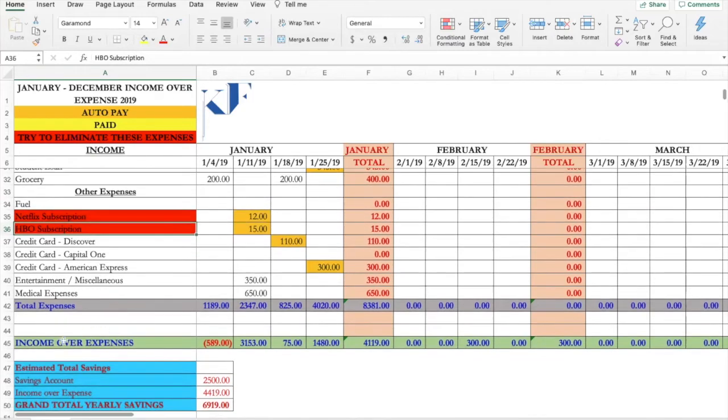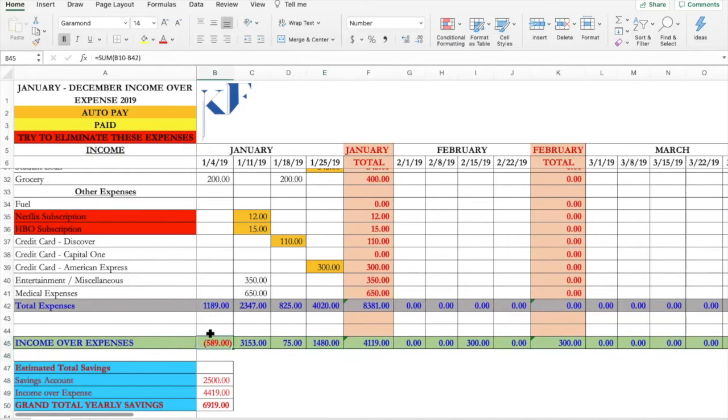So now in row 45, we have your income over expenses. Now, I did this purposely because I wanted you to get the idea of how to work around your budget. Now, if you're getting paid on a weekly basis and you have certain expenses that are coming out on a specific date or within a specific week, and you notice that for that week, your expense is higher than your income.